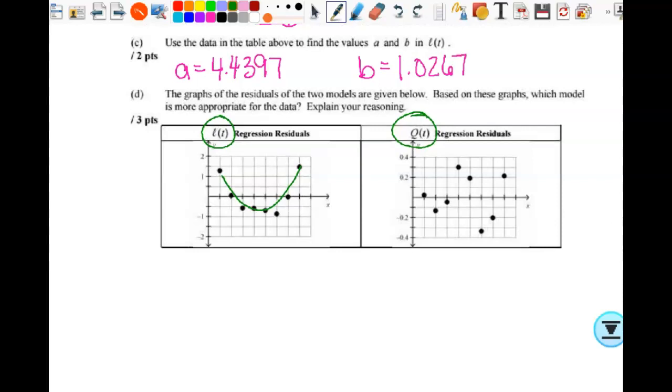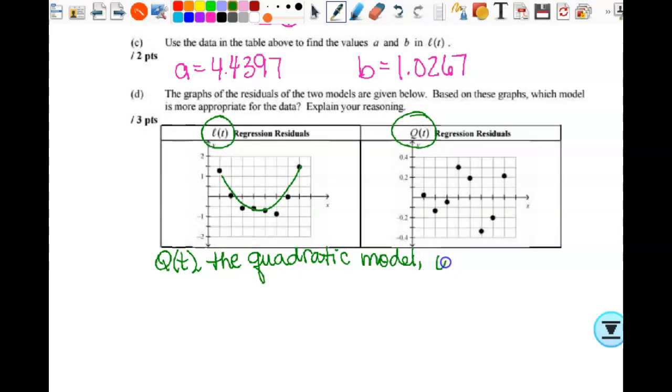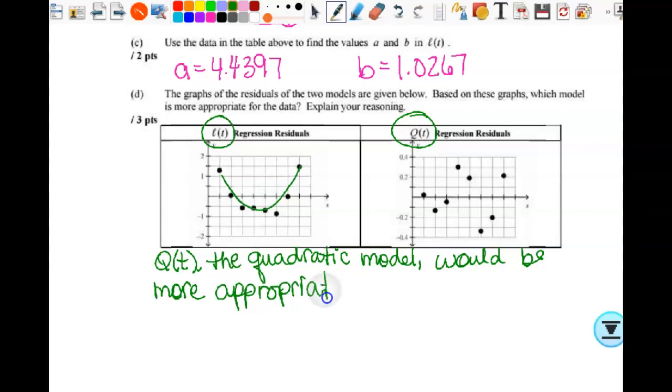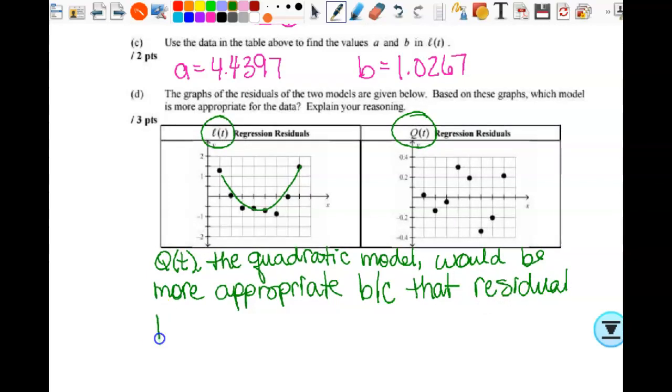And so I would need to say, because it does say explain your reasoning, I would say Q of t, the quadratic model would be more appropriate because that residual plot does not show a pattern.